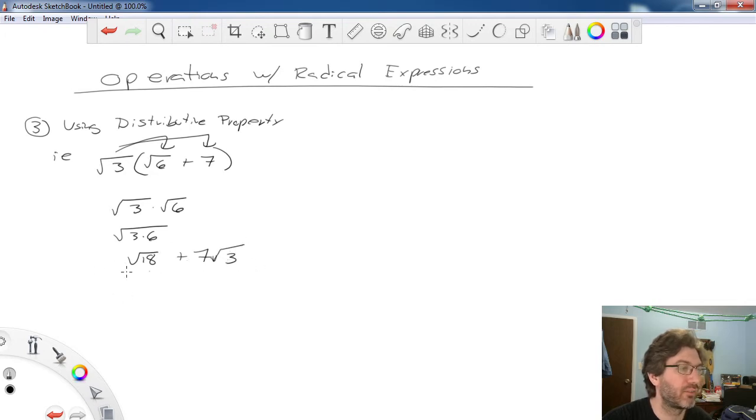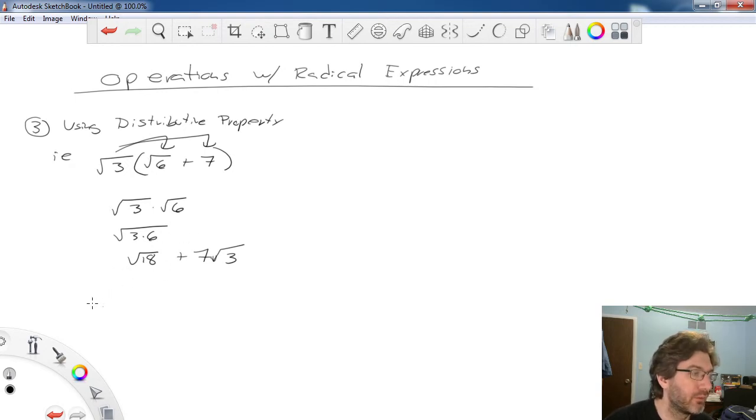And then you think, is 3 a factor of 18? It is, but is there a perfect square there? Not so sure about that. So it's not looking like we can combine these two. But we definitely can reduce this one. So let's go ahead and reduce this one and then see if we can combine it after that.